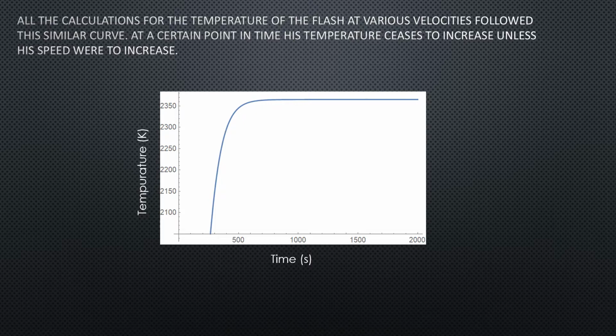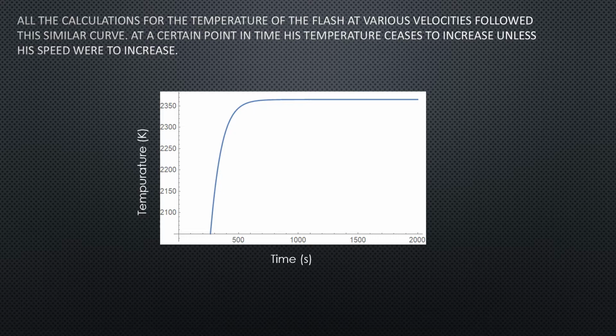It's important to note that going through solving in Mathematica the surface temperature, all the velocities follow this same curve. In other words, all the curves follow these similar temperatures.